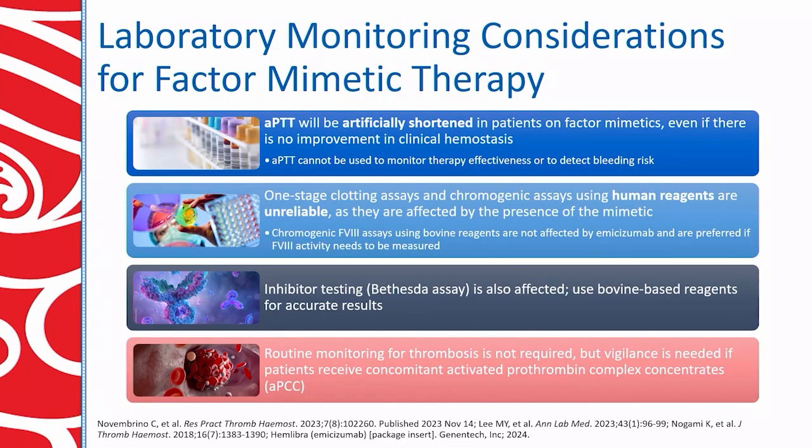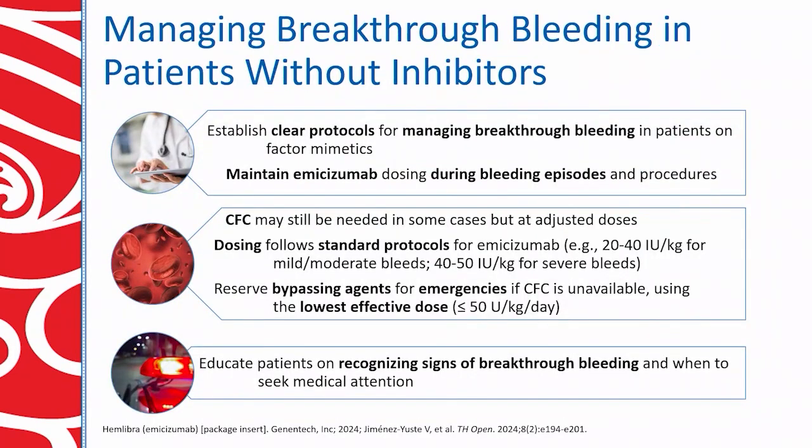Among your transition plans, I think a good plan for treating and managing breakthrough bleeds is key. You should have a clear protocol here. And when a bleed occurs, you don't change something like with emicizumab that we use in clinical practice. You don't change the dose or the interval.